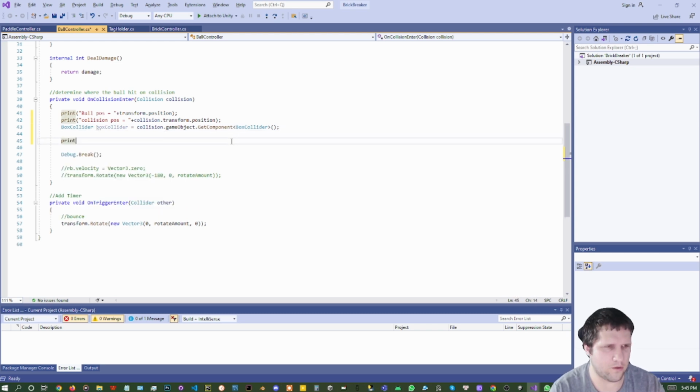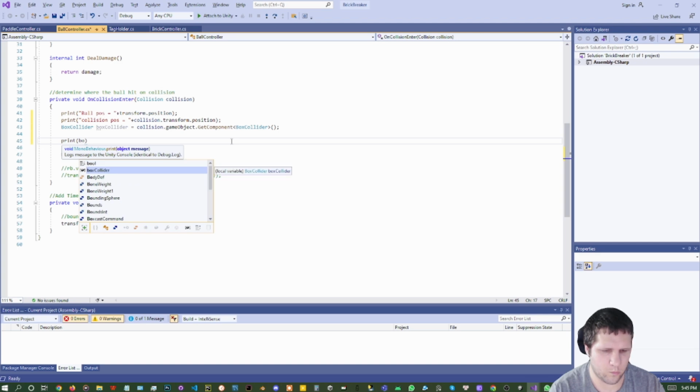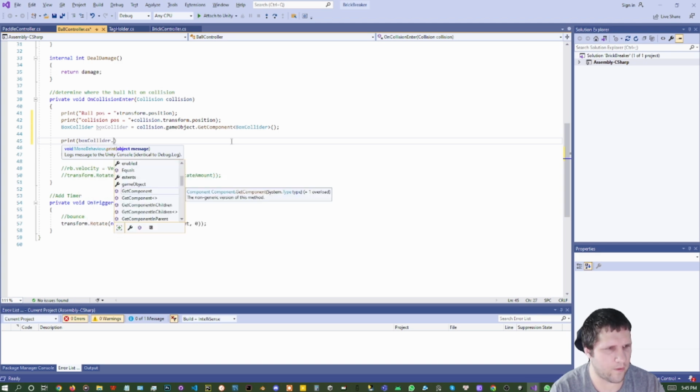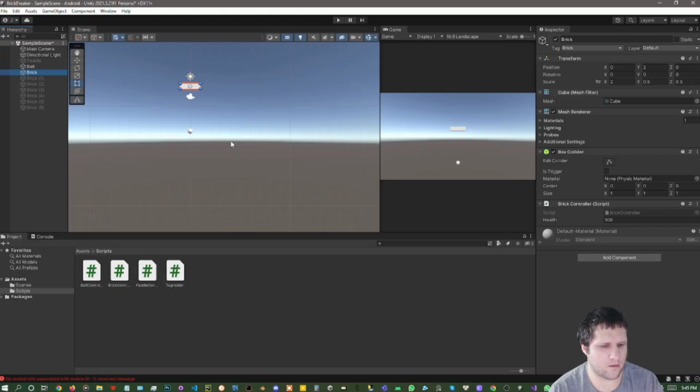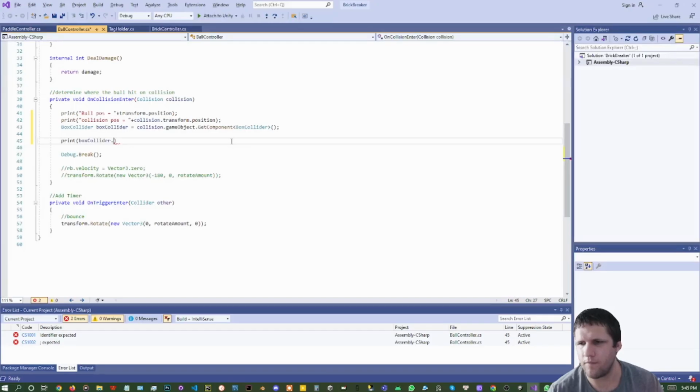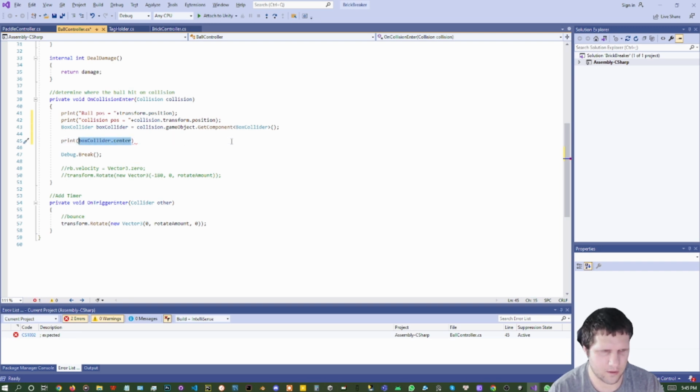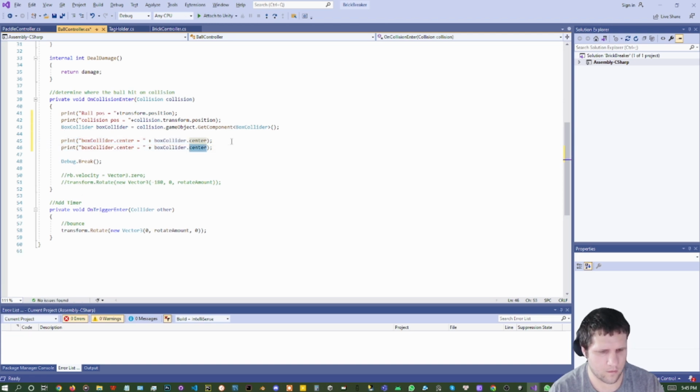Then we want to print the box collider, and let's try getting the size and center dot center, size.